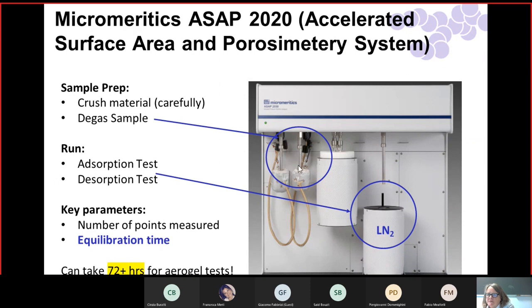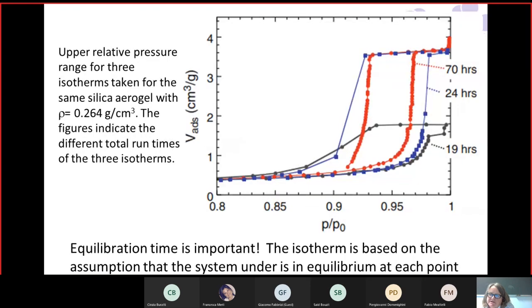The material is not in contact with the liquid nitrogen. What it provides is an isothermal condition. The sample's in a tube, and we deposit liquid nitrogen around it. Of course, it's going to condense, but there's no problem with harming the sample.